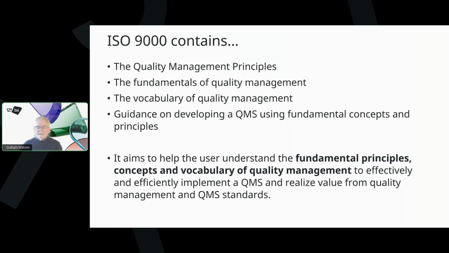As Sam has already said, it contains the vocabulary of quality management and provides guidance on developing a QMS using those fundamental concepts and principles. The purpose remains unchanged. The aim is to help the user understand those fundamental principles, concepts, and vocabulary to effectively and efficiently implement a QMS and realize the value from the quality management and quality management system standards.